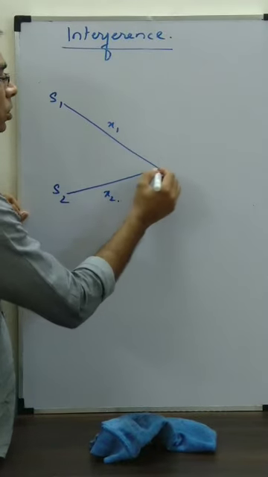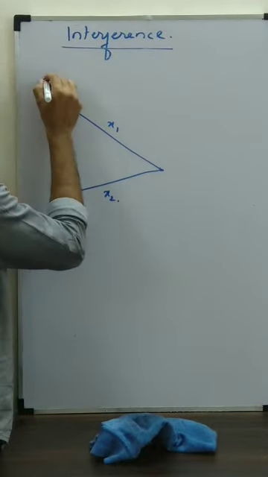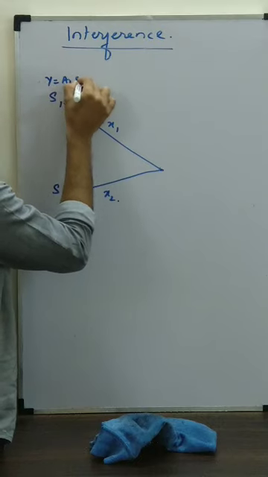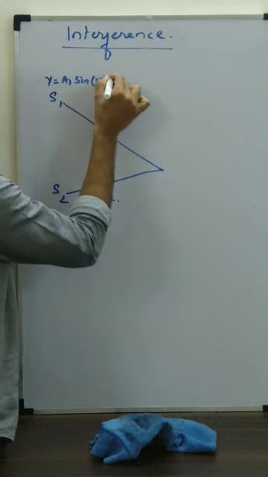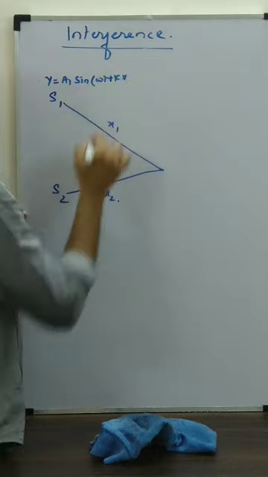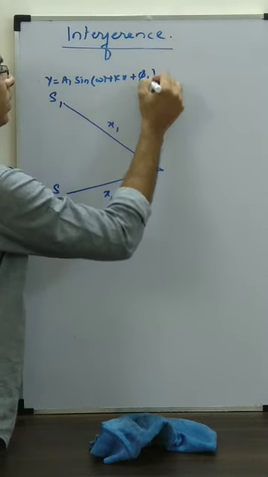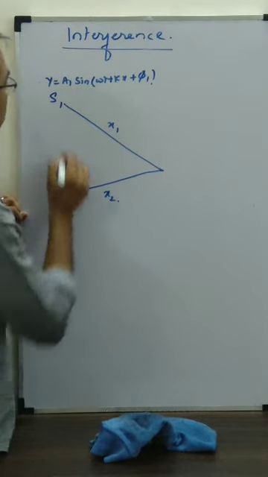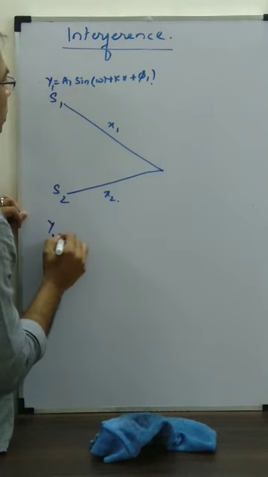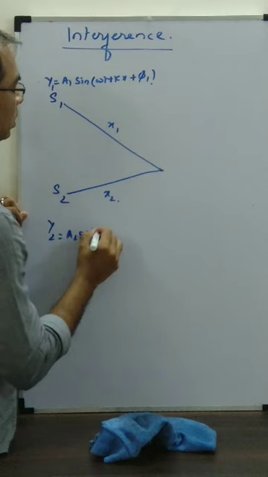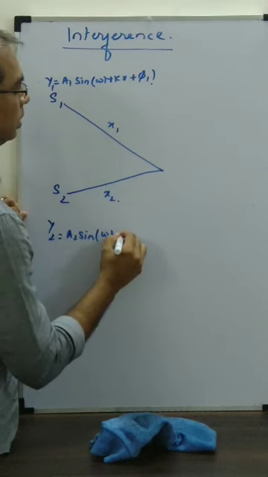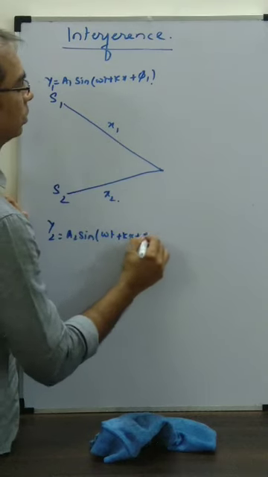Okay, so you can see that if this function I write as y equal to a1 sine(omega t plus kx), and if you want to give initial phase also, you can give it. Here, this is y1, this is y2, and this is a2 sine(omega t plus kx plus phi).